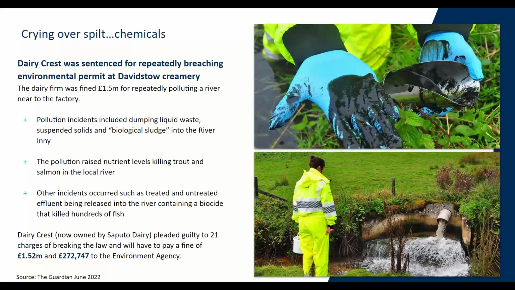And part-treated effluent also leaked onto the nearby land, and in one incident, treated effluent from the creamery was also released into the river, containing a biocide that killed hundreds of fish. And at the sentencing hearing, at which the Dairy Crest CEO Tom Atherton was there, the company blamed some of the problems on contractors' design of new plant equipment.